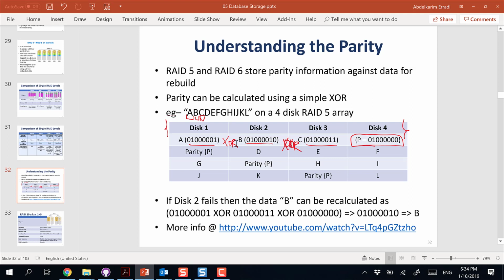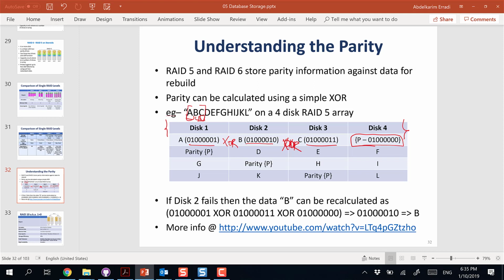So you store here A, B, C, and the 4th disk will have the parity, which is nothing but XORing all the blocks that you stored in disks 1, 2, 3. Up to now, how many blocks have we stored? Up to C.